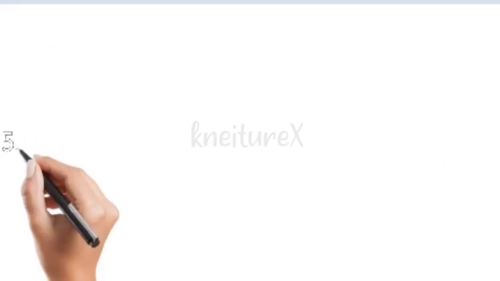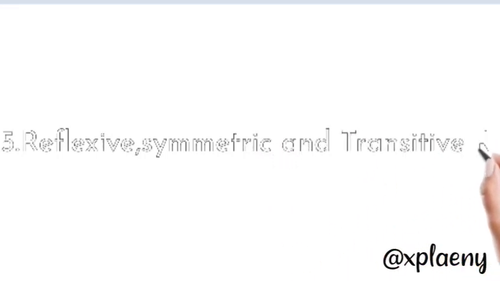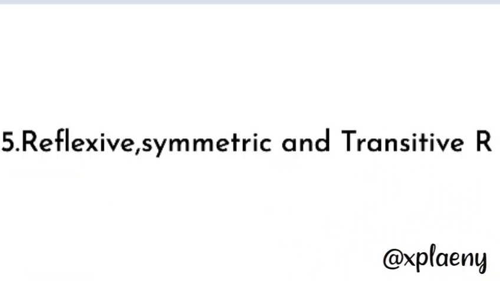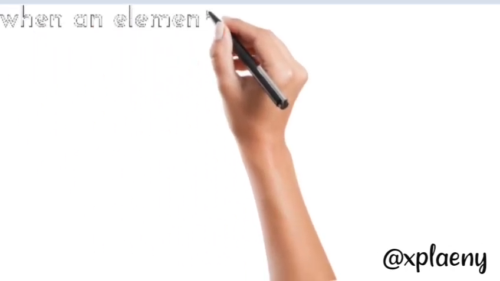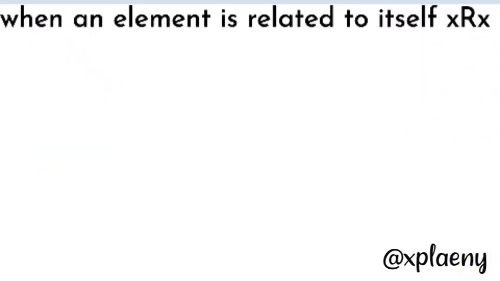So let's move forward. Let's go into reflexive, symmetric, and transitive relations. When we talk about a relation being reflexive, it is mapped onto itself. Now what do we mean by being mapped onto itself? Just for an example, when you look at the mirror, what do you see? You see an image of yourself.